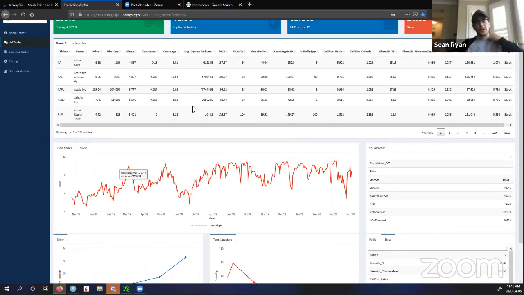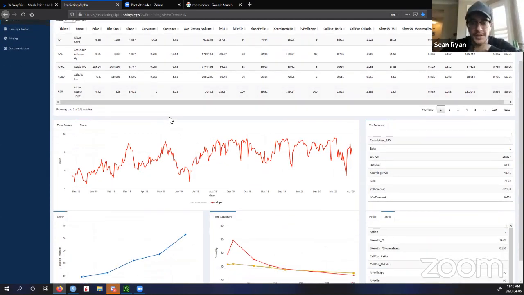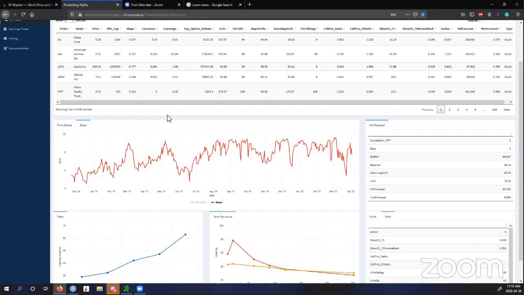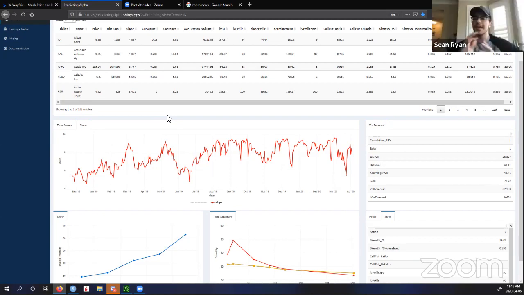Yeah, most of the time we're not taking a directional play. There are ways to skew our position to make it directional, but oftentimes we're betting on the size of the move rather than what direction it's going to move. Exactly. You'll often see this in the professional trading space, where people take bets based on the size of moves rather than the direction, because predicting direction can be more challenging.